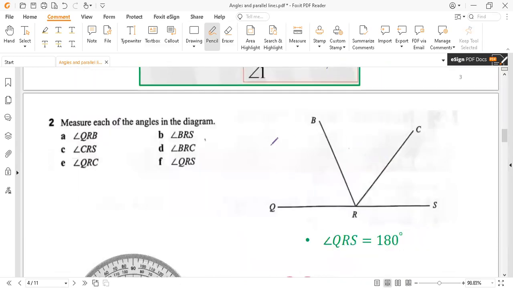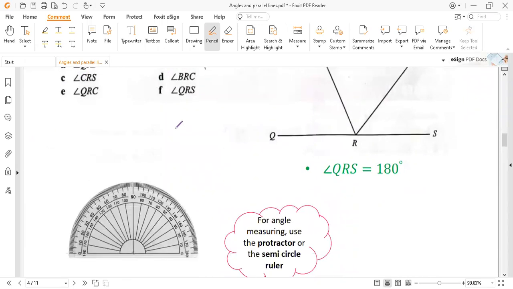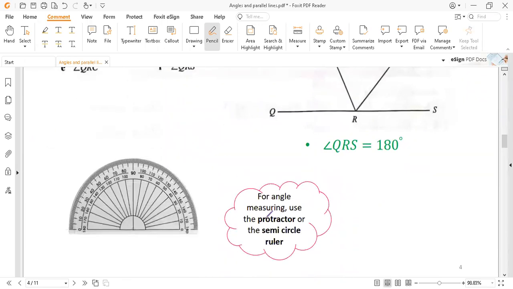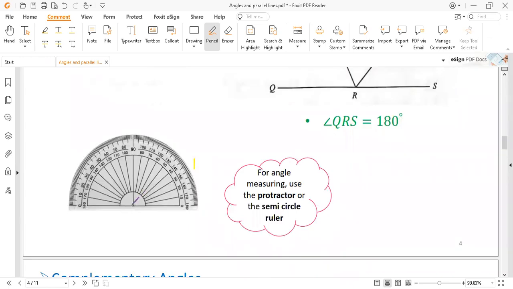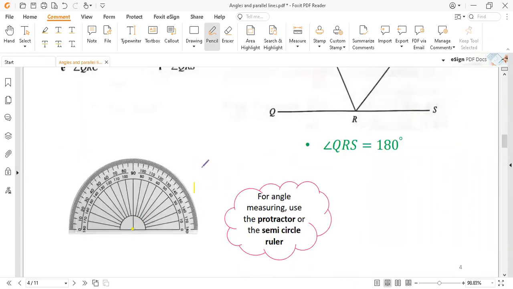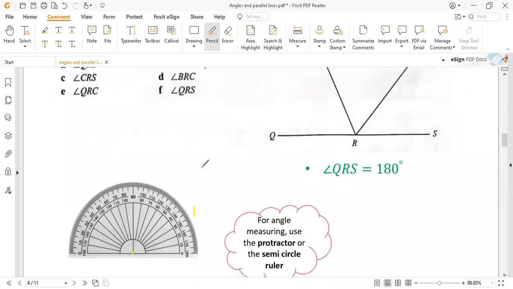Okay, so it is very easy also to measure each of the angles in the diagram. We need a protractor or the semicircle ruler. It is easy to put it exactly and properly, the convenient way to measure the angles here using this type of ruler.